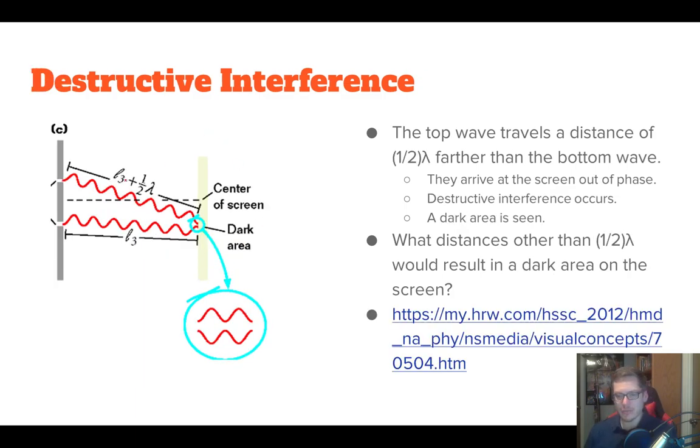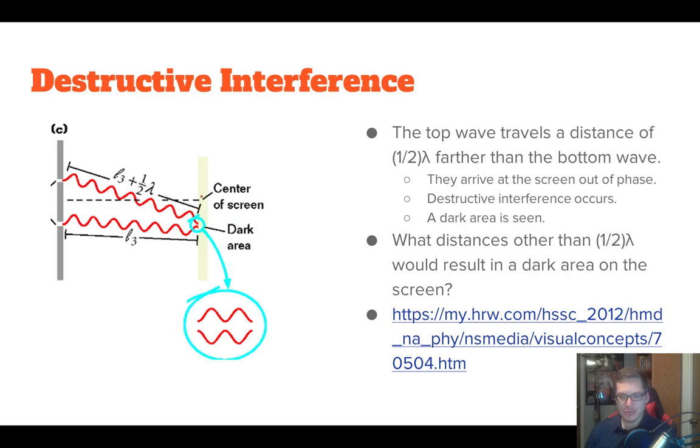Here we've got destructive interference, so our L3 plus half a wavelength. Notice that because they have the same wavelength, this one traveled half a wave farther. So if this one traveled L3 and ended on a crest, and this one traveled half a wavelength farther, it would have to have ended on a trough. Because of that, you'll get destructive interference. They'll cancel each other out, and you'll get a dark spot, because they arrive completely out of phase.